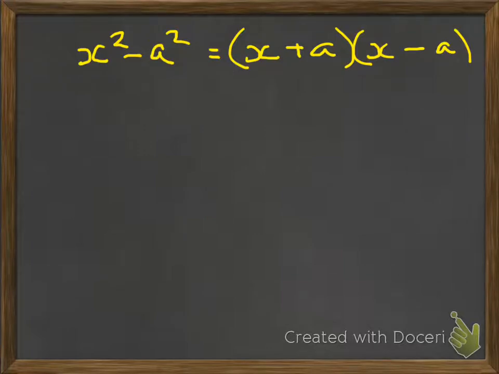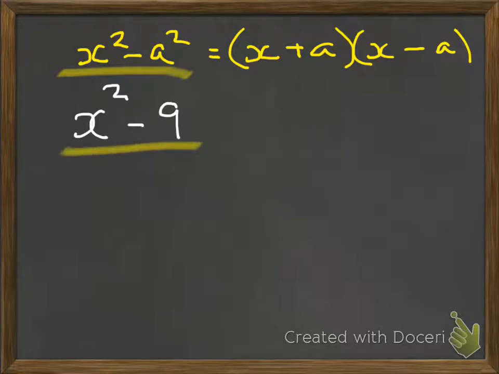So here's the difference of two squares formula again, and let's have a look at an example, because it will hopefully become really obvious. The example is x squared minus 9. Can I use the difference of two squares to factorise this quadratic?